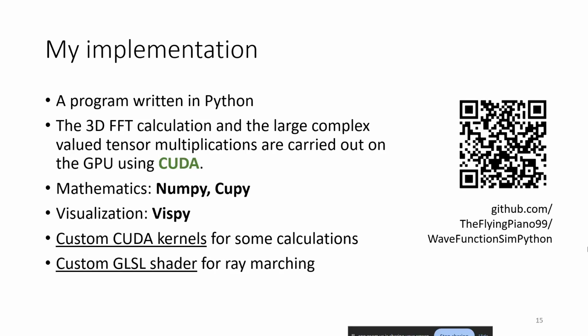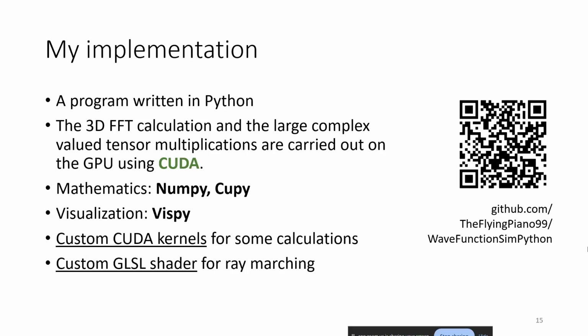My implementation is done using Python, and for the calculations on the GPU, I use the CUDA toolkit, and also I use NumPy and CuPy. For the visualization part, I use VisPy.